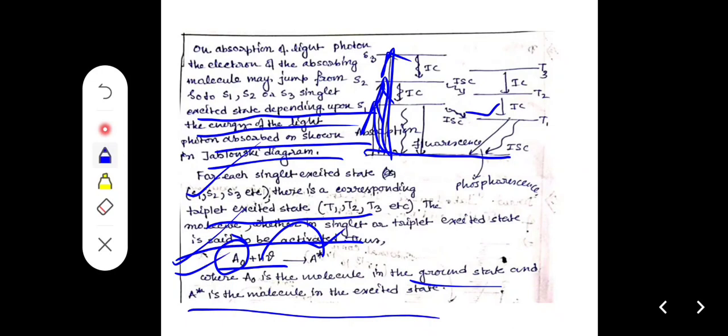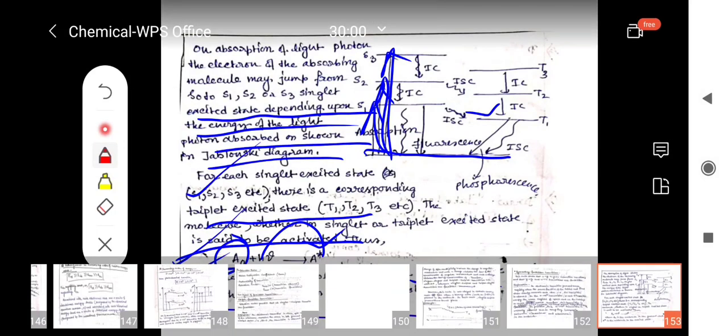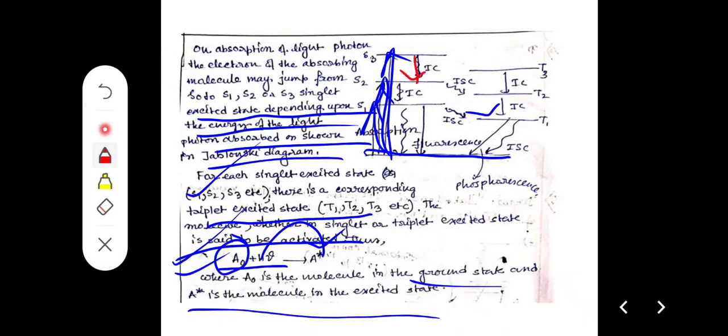Now again in the picture you can see that when singlet to singlet and triplet to triplet transitions occur, they are termed IC, internal conversion. That can be seen there also.